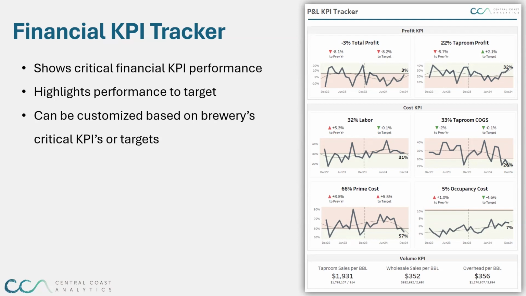And then I think one thing that's good on this one is we're not only comparing to previous year performance, but we're comparing it to a target. So this could be an industry benchmark, or if you have your own targets that you're trying to hit with each of these, we can do those comparisons too. So it's a quick way to see how we're performing for each of these metrics as compared to that target.